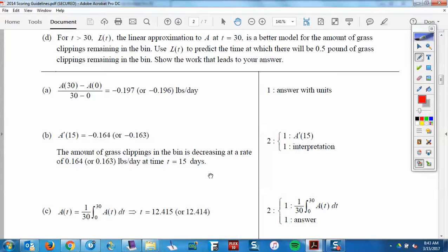Did you guys get the average amount? 7.3. So then you have to set it equal to that, do the sum. 14. Is that what you got, Jesse?